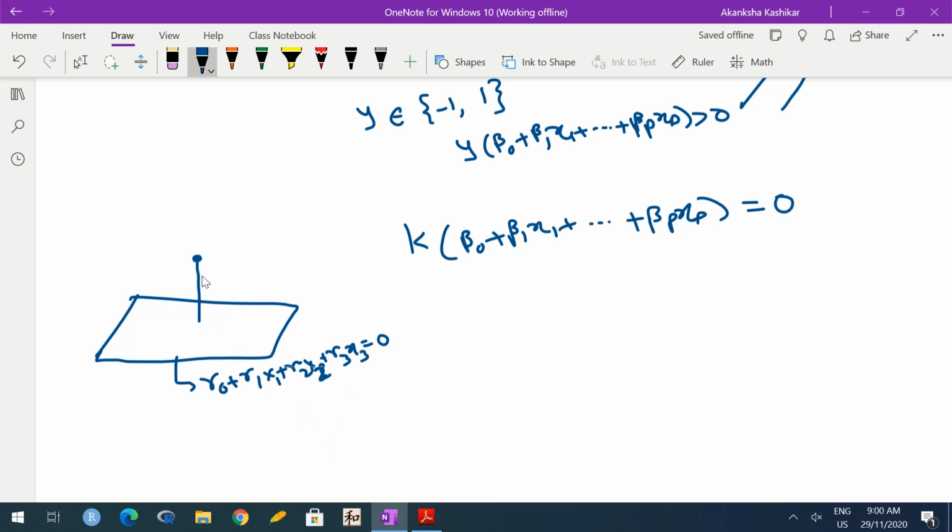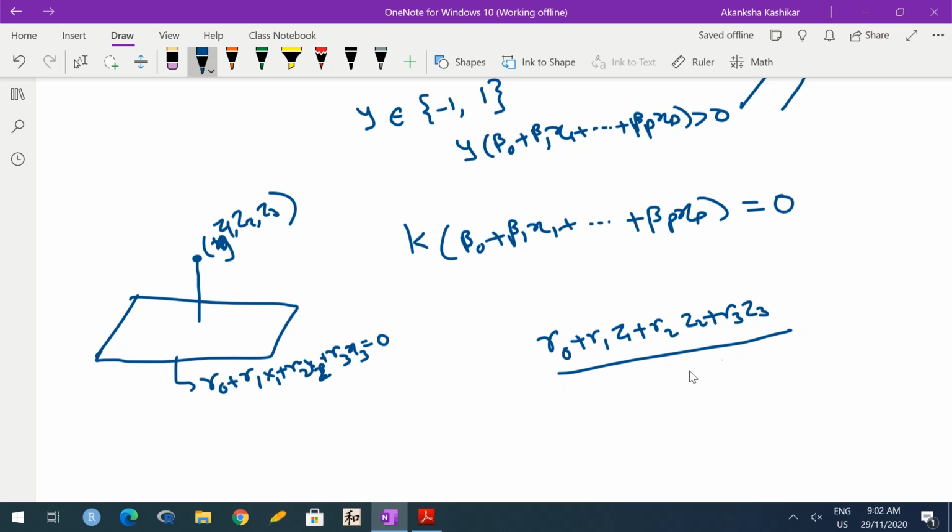Then the distance of a new point, denoted by z1, z2, z3, you might recall from high school geometry, from this plane would be gamma naught plus gamma 1 z1 plus gamma 2 z2 plus gamma 3 z3, so you substitute that point, divided by the square root of gamma 1 square plus gamma 2 square plus gamma 3 square.